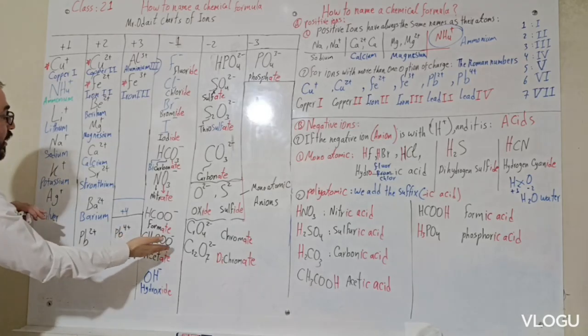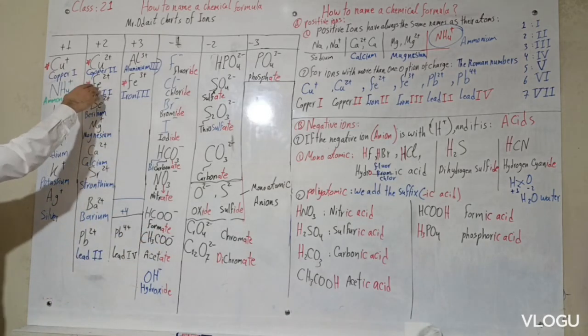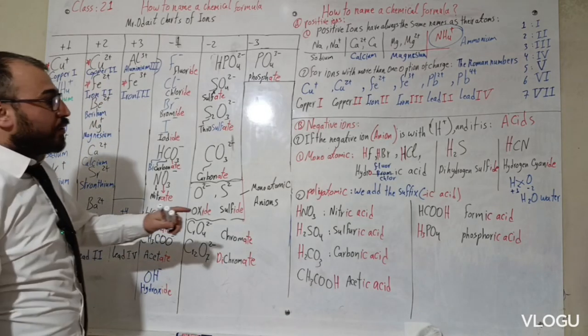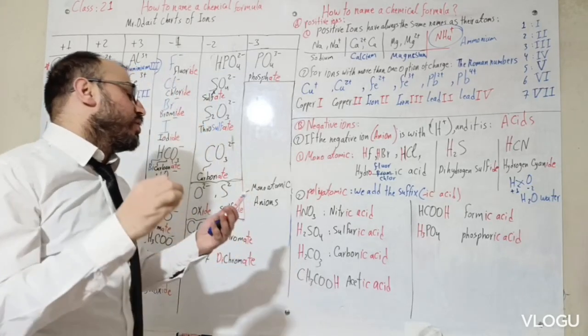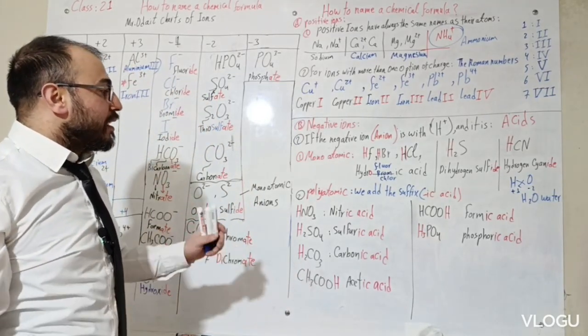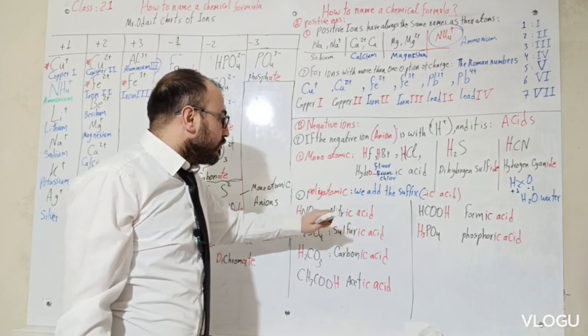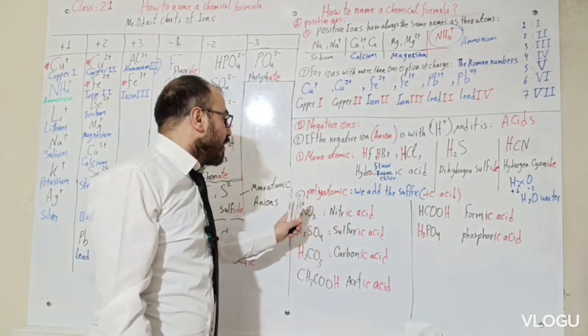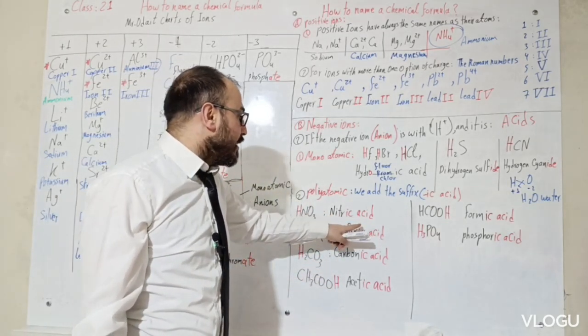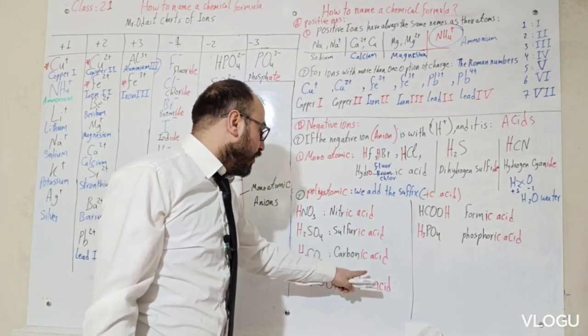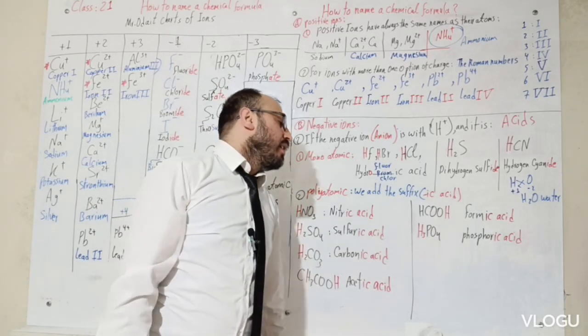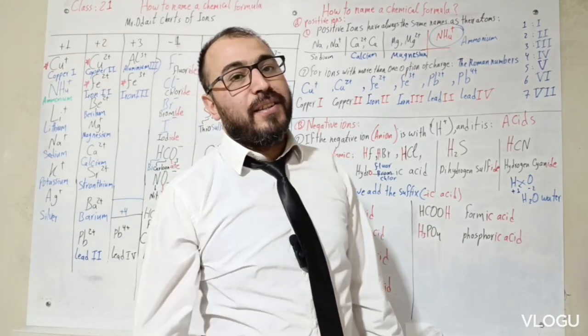When they are attached to any positive ion except for hydrogen, they take ate, but when they are attached to hydrogen, they become acids, and the acids have their own suffixes. In here, nitric acid, sulfuric acid, carbonic acid, acetic acid, formic acid, and phosphoric acid.